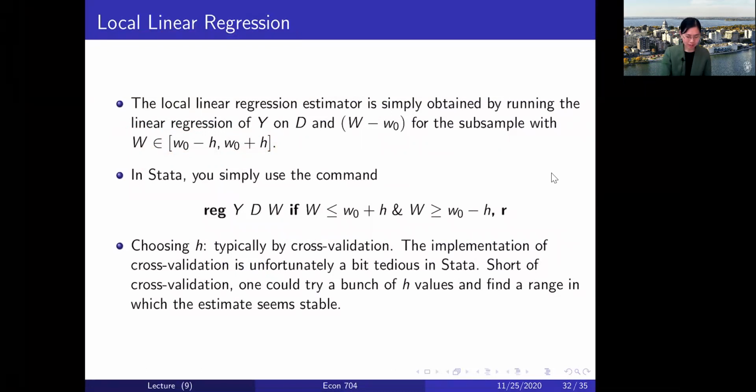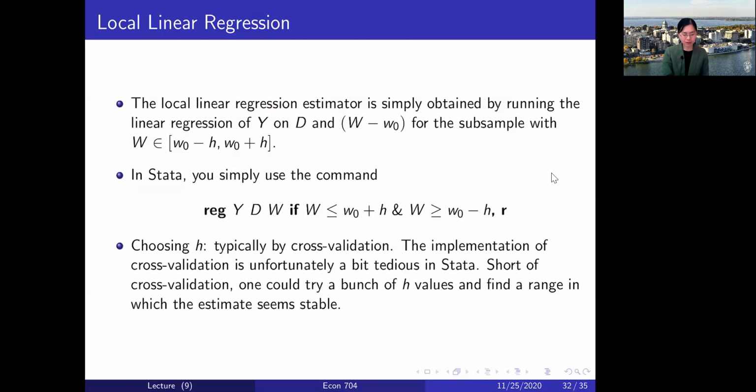And that way, this OLS regression estimator of Y on D and W, when you restrict attention to this subsample, will give us the RDD estimator for the causal effect, which does not require the linearity assumption for E[U given W].